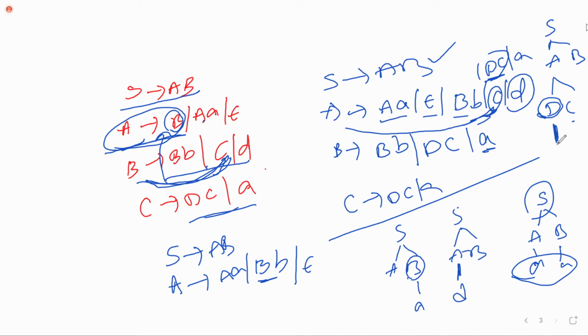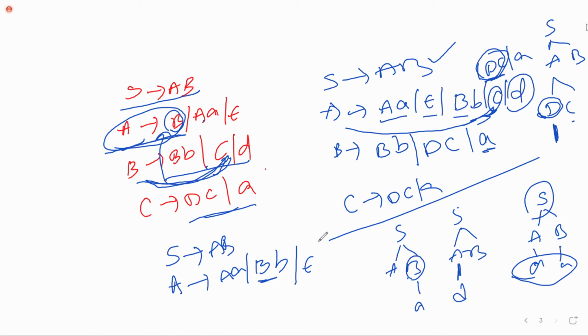We never get the string means it is not at all useful, right? So D is the useless symbol. Any confusion or any doubt, please raise your voice. No, ma'am.